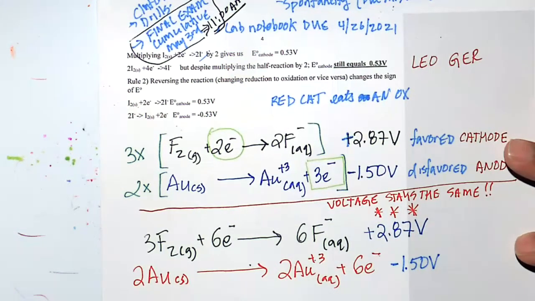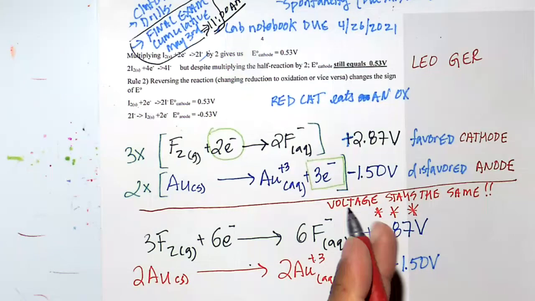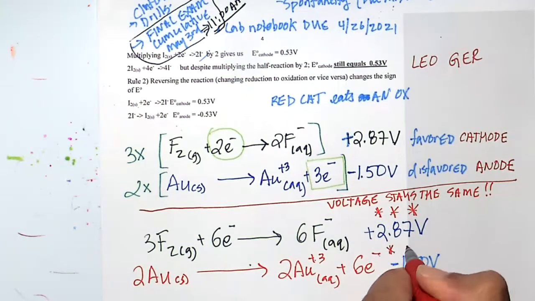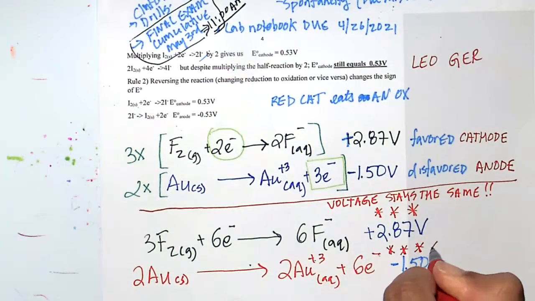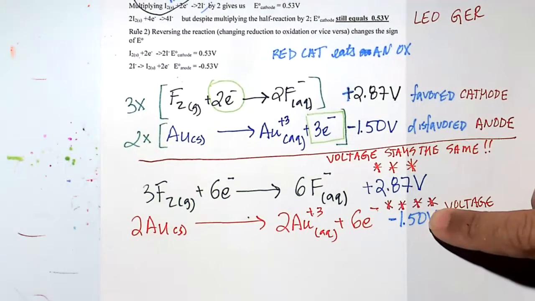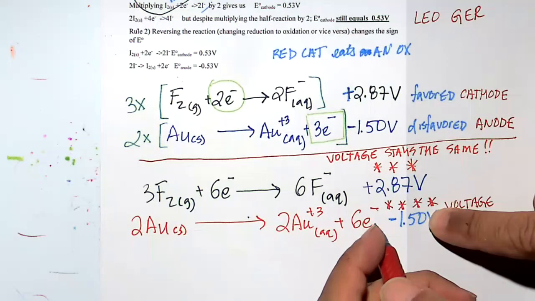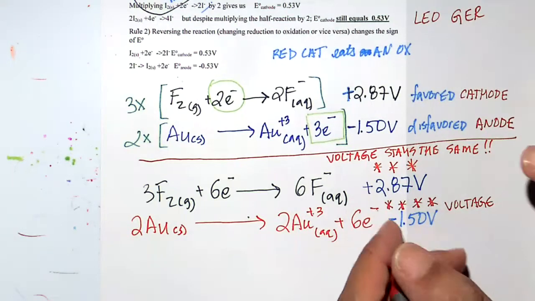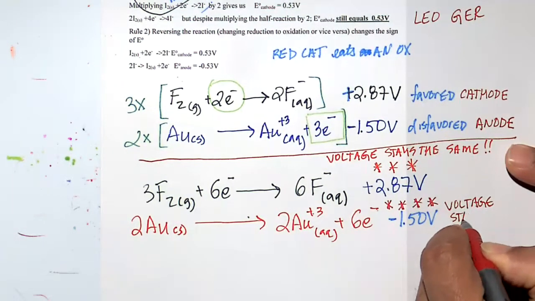Let's put a big asterisk here: voltage stays the same. This is something people can easily slip up on. Just because you multiplied by 3, people think, oh, I have to multiply this number also by 3. No, don't do that. Voltage stays the same.